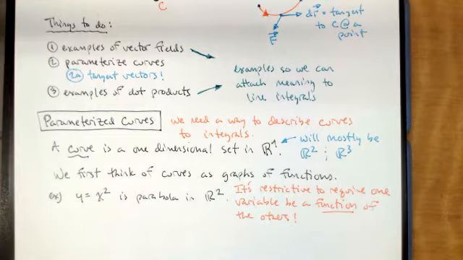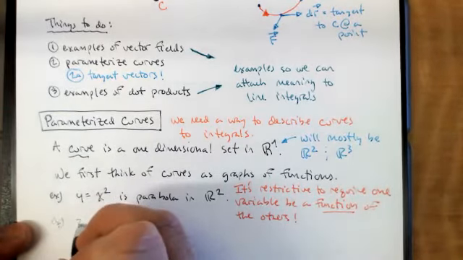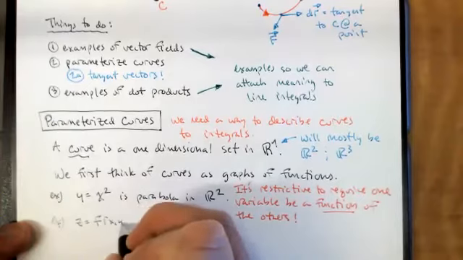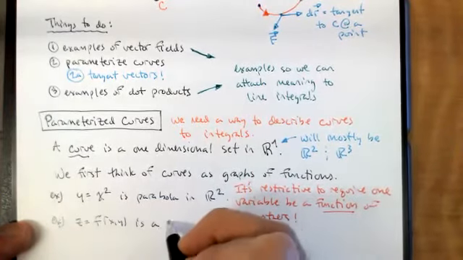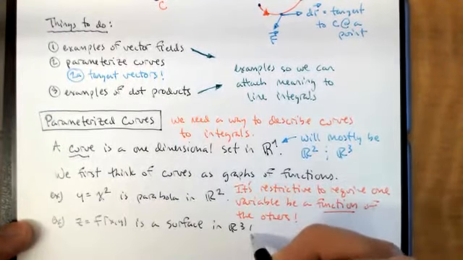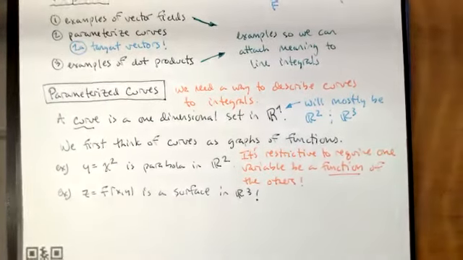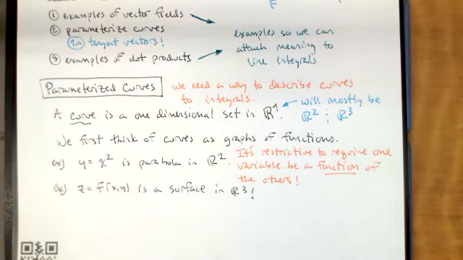In addition, if I have a function of two variables, we're not dealing with a curve at all, we're dealing with a surface. If one variable is a function of the others, then we have a function of two variables. We're no longer looking at a curve, we're looking at a two-dimensional surface.